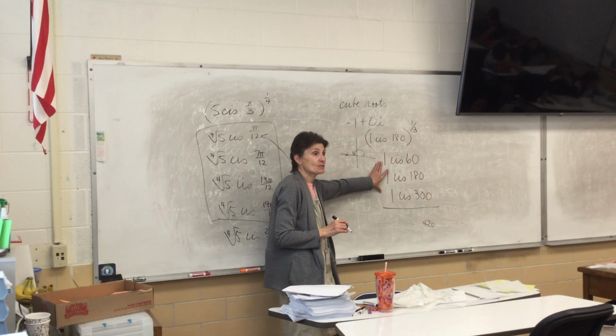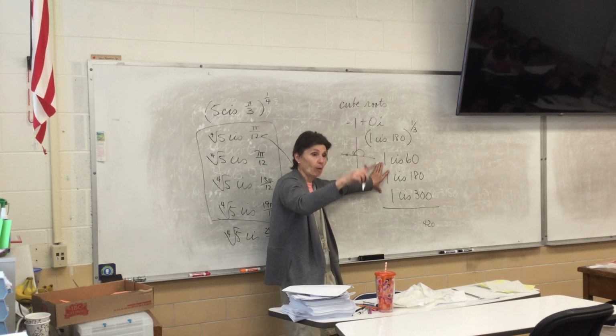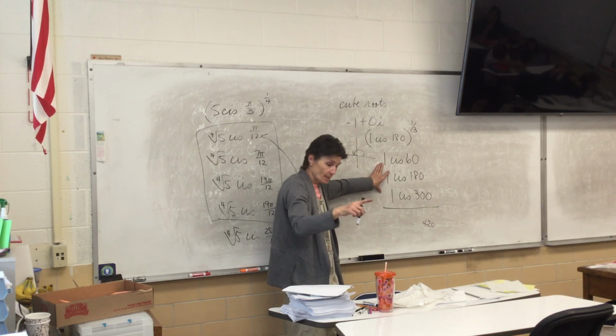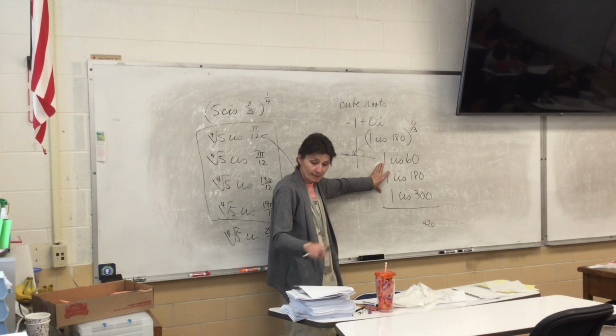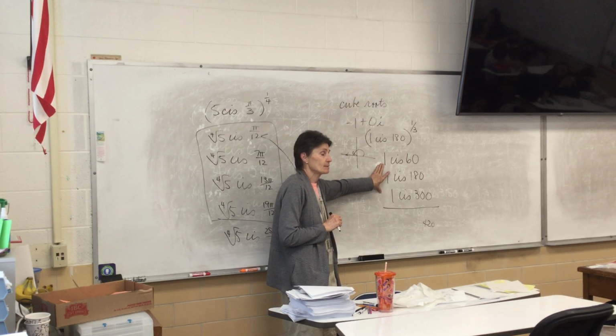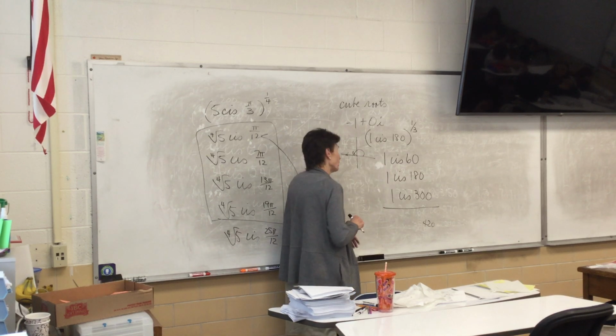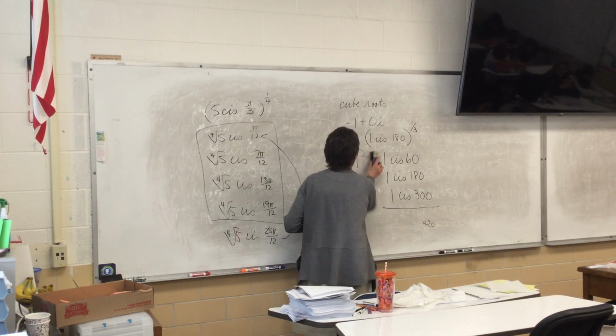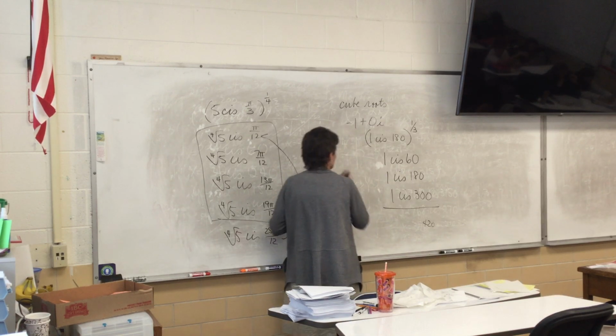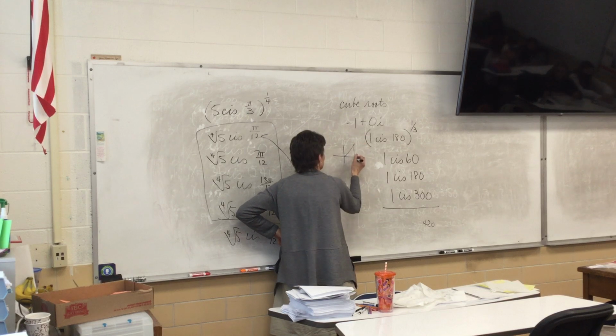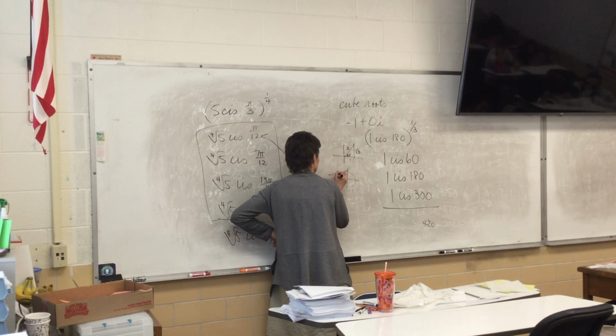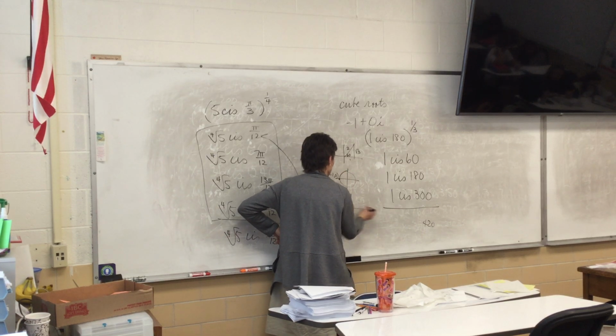Here are your answers in polar form. The directions say I want them in complex. That means X and Y. So here we go, yet again. 60 and 180 and 300.